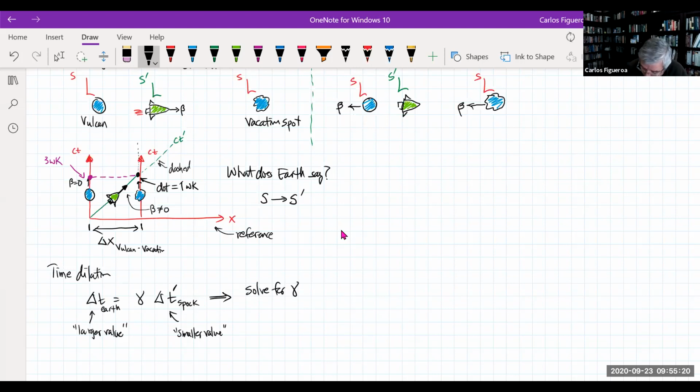And if I solve for gamma, you can see that gamma is going to be the time measured relative to Earth over the time measured relative to Spock. And you get this factor of 3, which is 3 over 1. And then if I mathematically solve for this, this is really what? 1 minus beta squared. If I do the algebra here, actually, I'm going to change what I just did.